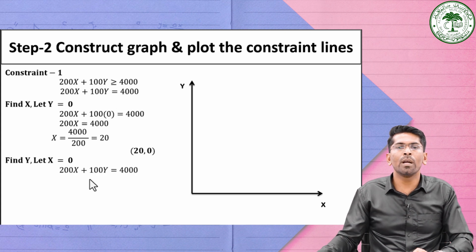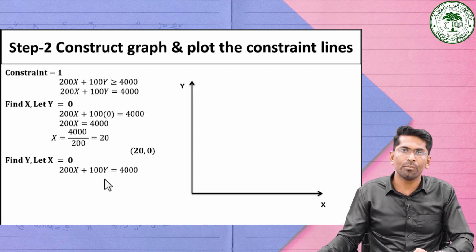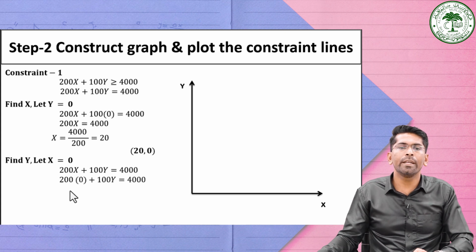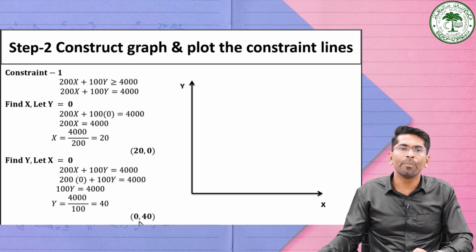So 200x plus 100y equals 4000. With x equal to 0, it is 200 into 0 plus 100y equals 4000. That term becomes 0, so 100y is equal to 4000. Dividing both sides by 100, y is equal to 4000 divided by 100, which is 40. So when x is equal to 0, y becomes 40.